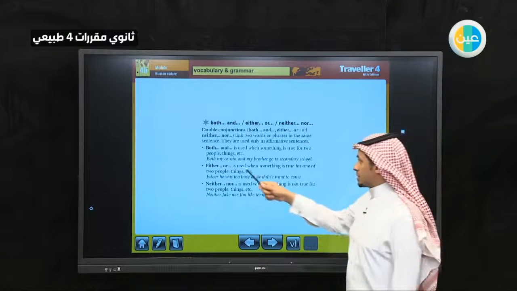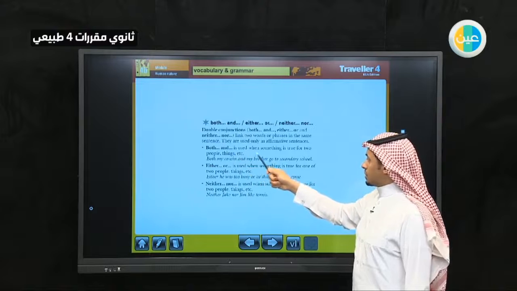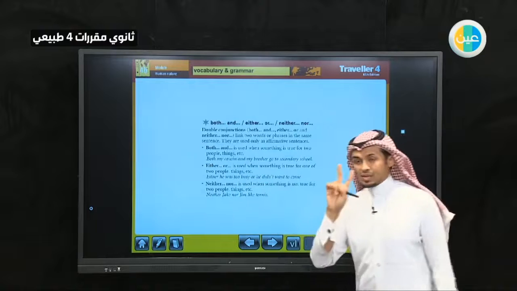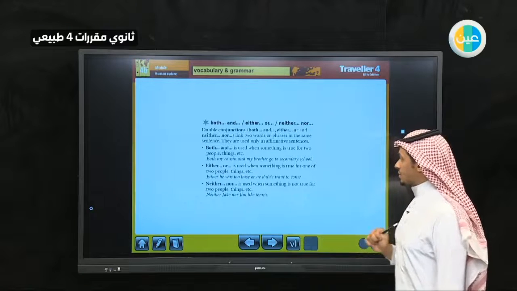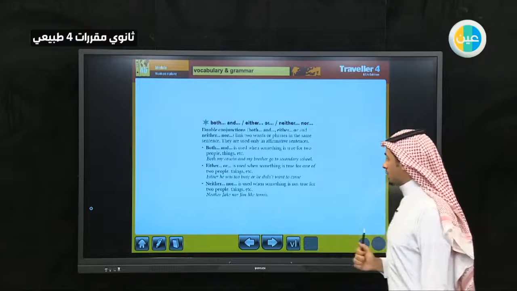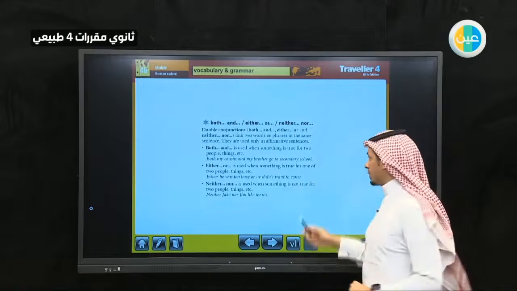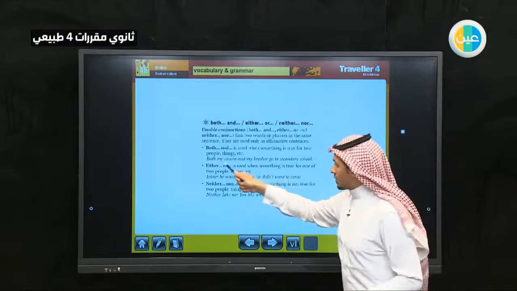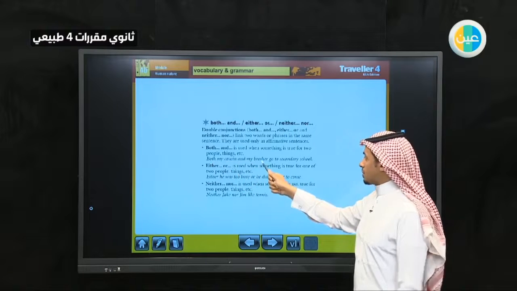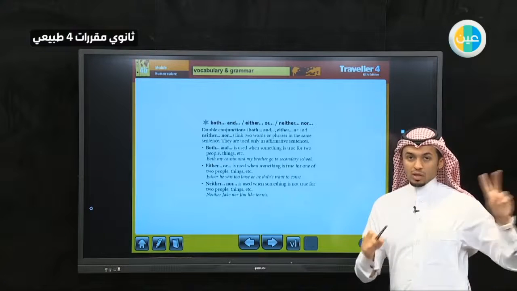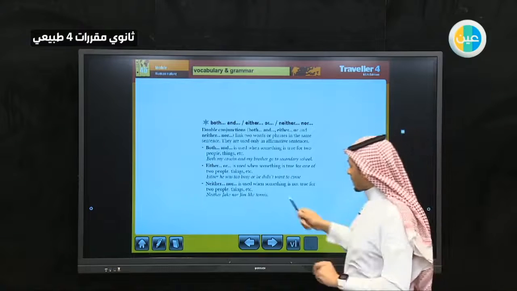For instance, we use it when something is true for two people or things. For instance, both my cousin and my brother, so we have two people. We use both: my cousin and my brother go to secondary school. So we use both with and.